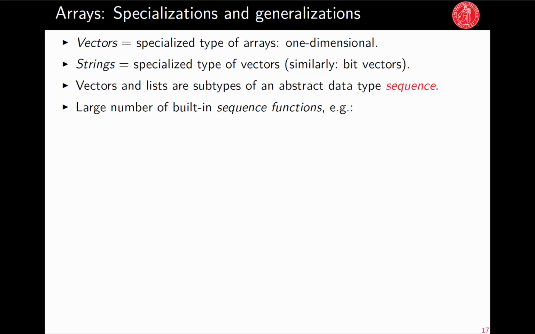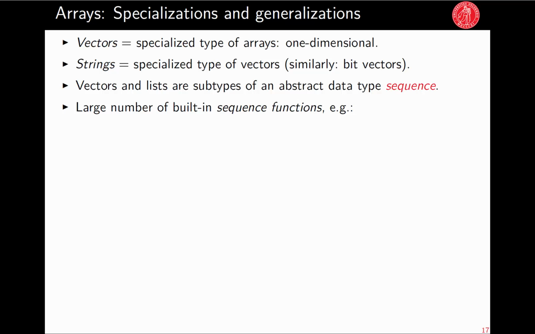There are also other specialized types of vectors like bit vectors. And as a generalization over these various different types of vectors and also lists, there's a more abstract data type called sequence. A sequence can be a list, or it can be a vector, it can be a string, for example, as an example of a vector.